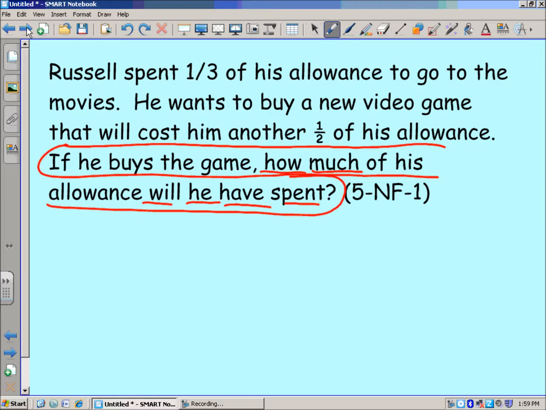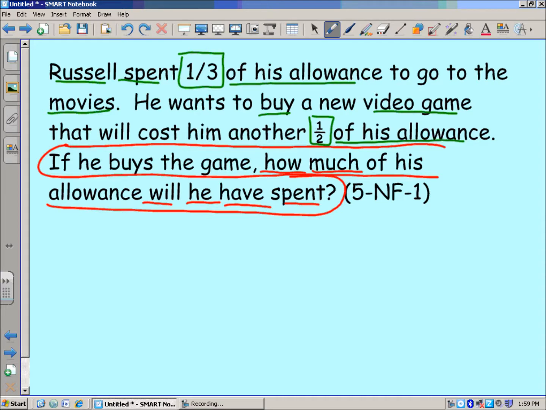We'll jump up to the first sentence. Russell spent 1/3 of his allowance to go to the movies. So 1/3 on the movies. Okay, he wants to buy a video game that will cost him 1/2 of his allowance. So we got 1/3 of his allowance and 1/2 of his allowance.